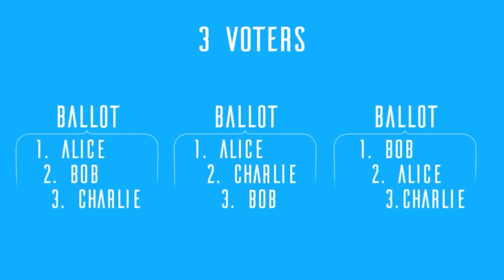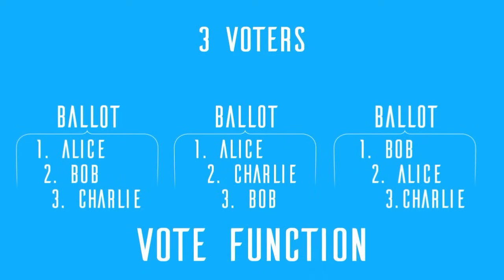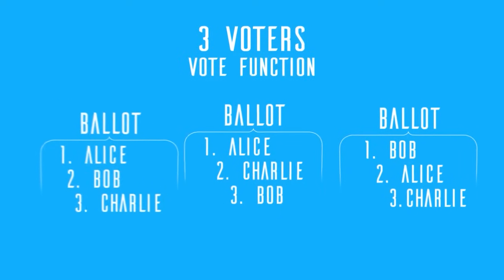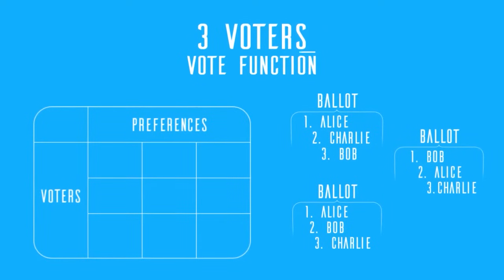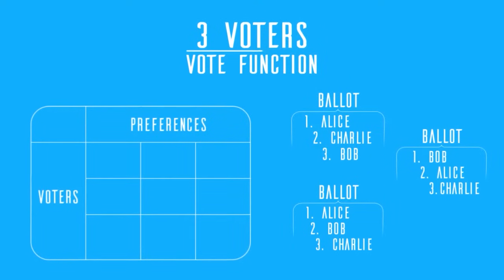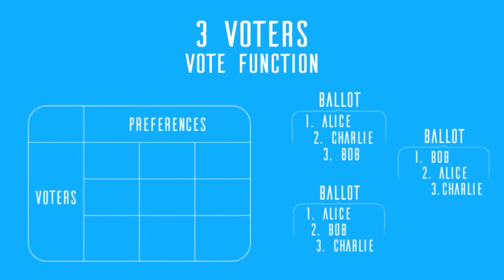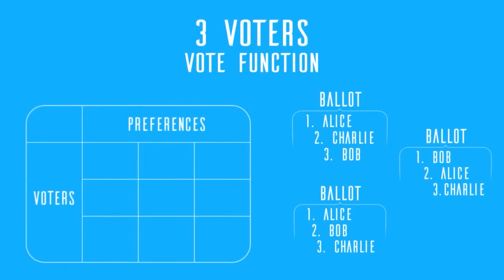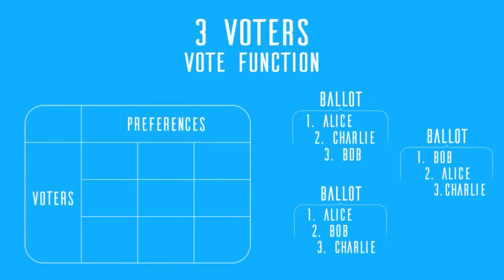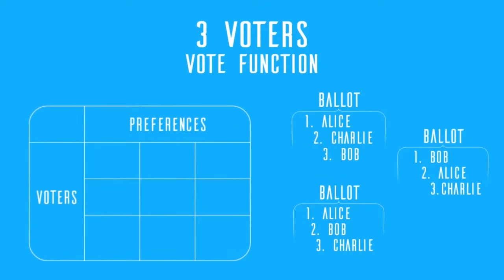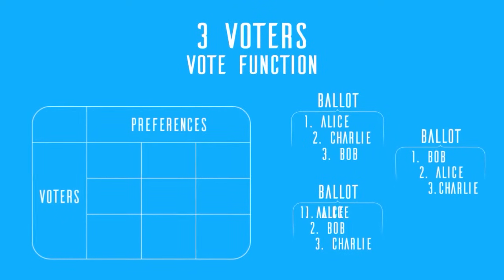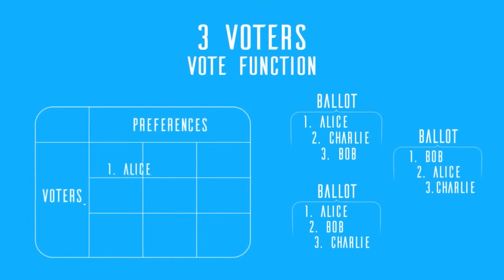So what we have to do in this vote function is get the names that the voter will give to us. And we're gonna first check if the candidate exists, all right? If the candidate exists, for example, Alice exists in our candidates array, we're gonna get the name of Alice and add it in the preference of the first voter.